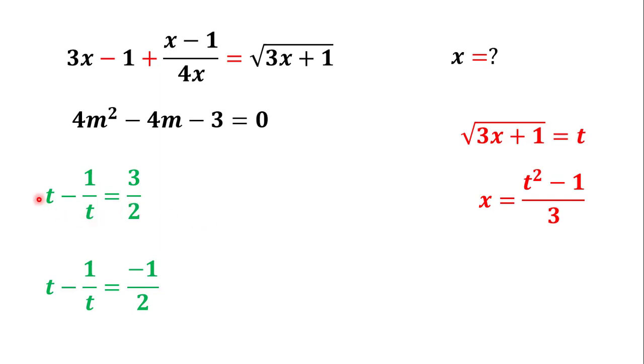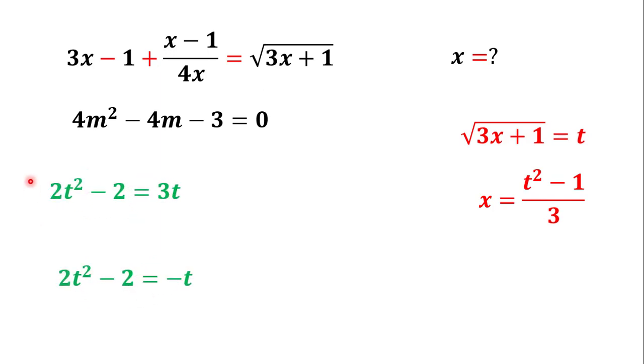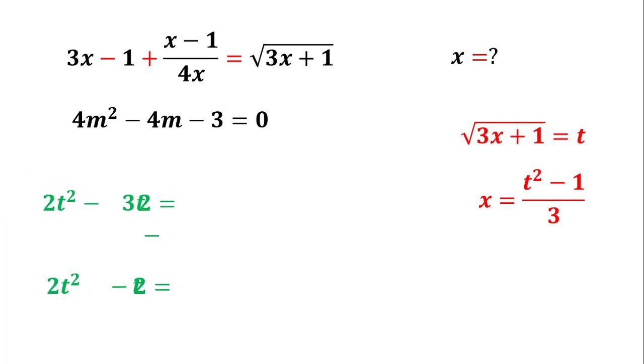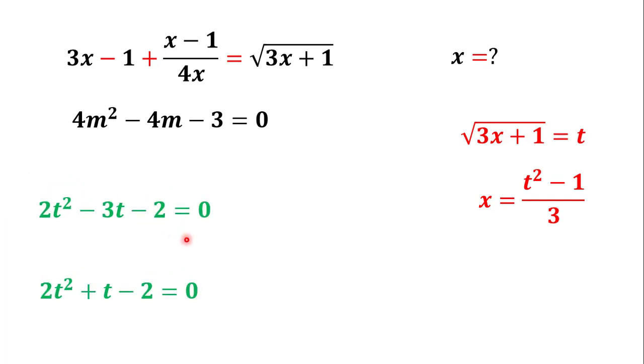We can multiply both sides of these two equations by 2 times t, and we're going to get two quadratic equations. By solving these two equations, from this equation we're going to get t equals 2, and from this equation we're going to get t equals (radical of 17 minus 1) over 4.